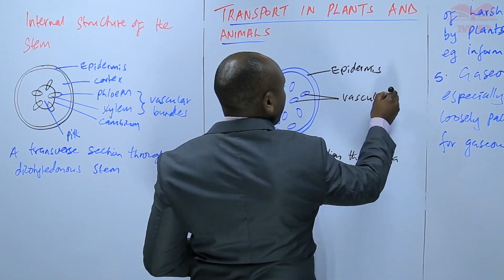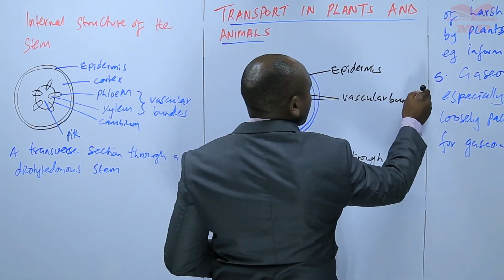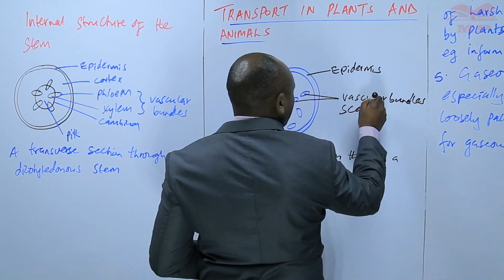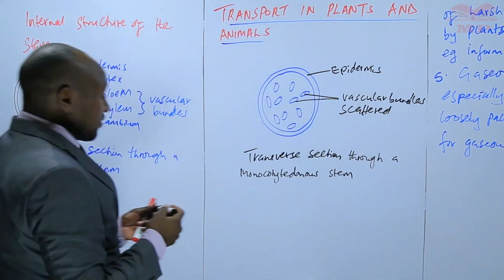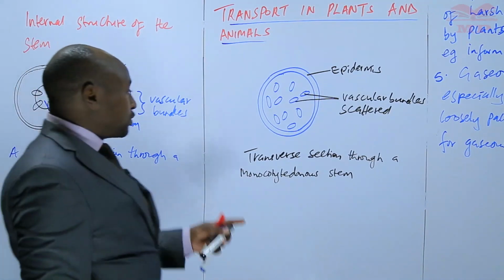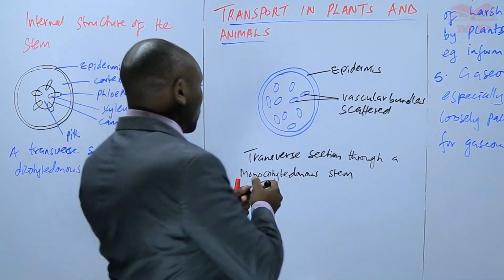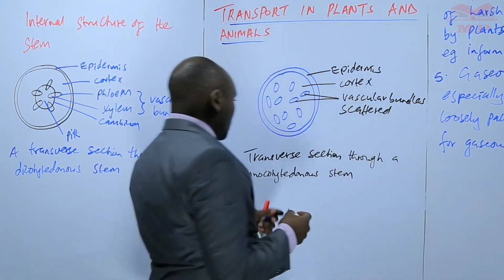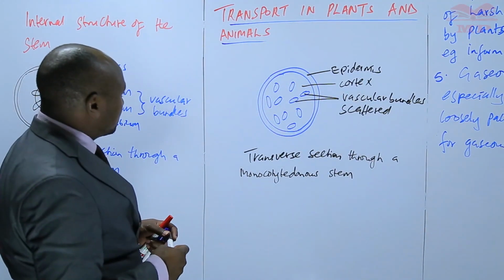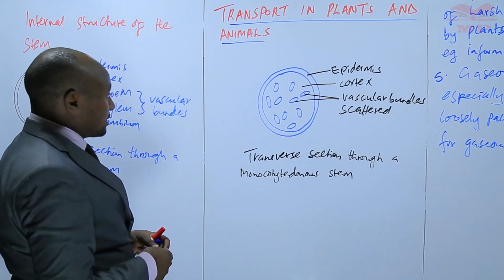So they are just scattered within the ground tissue, or the cortex. So basically, that is that.